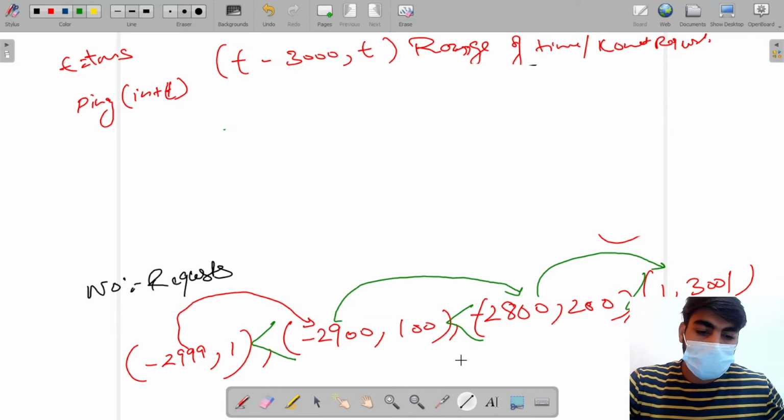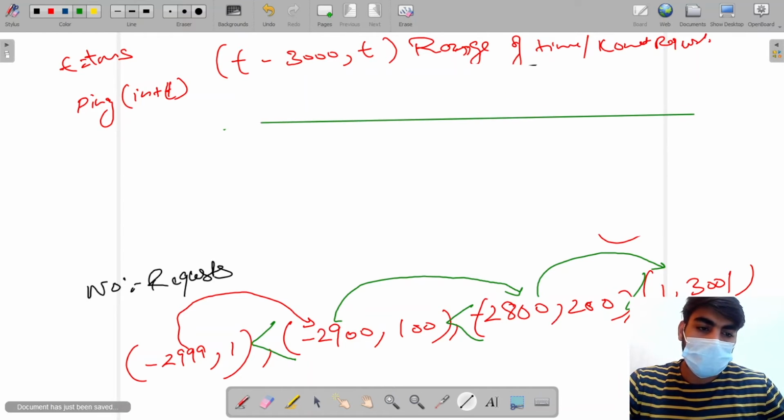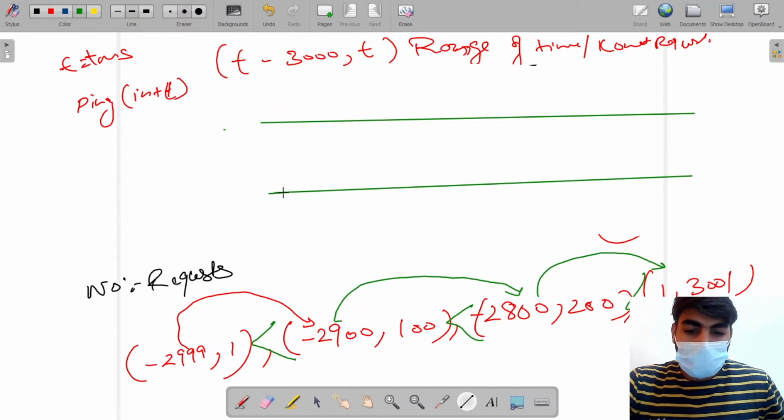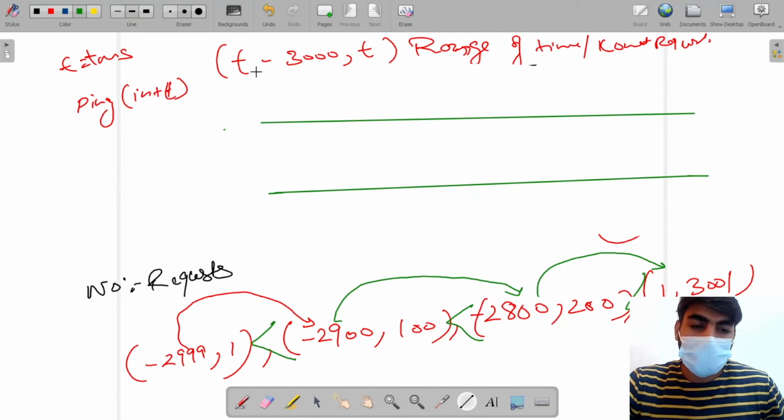So I am taking a data structure here. It may be a linked list, it may be a stack or queue or anything, or maybe an array. We can find out the properties or qualities which we need. According to that, we decide what type of data structure it is.